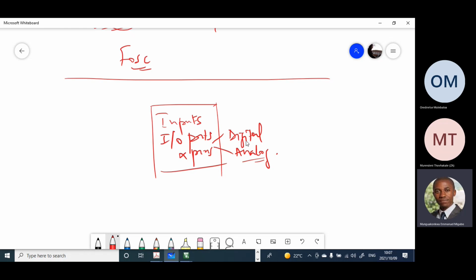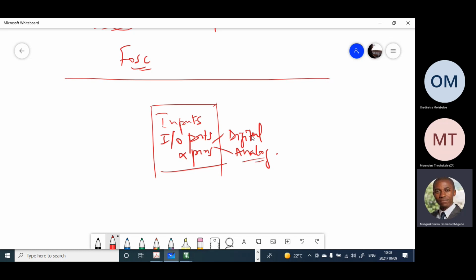So you must not confuse input device and input module. The input module is within the microcontroller. The input device is whatever you can interface with the microcontroller. When you speak about input devices on a microcontroller, it could be a keypad, a push button, a switch, a sensor.